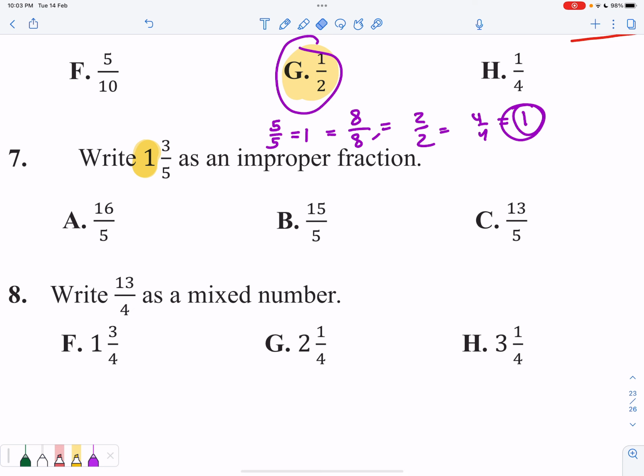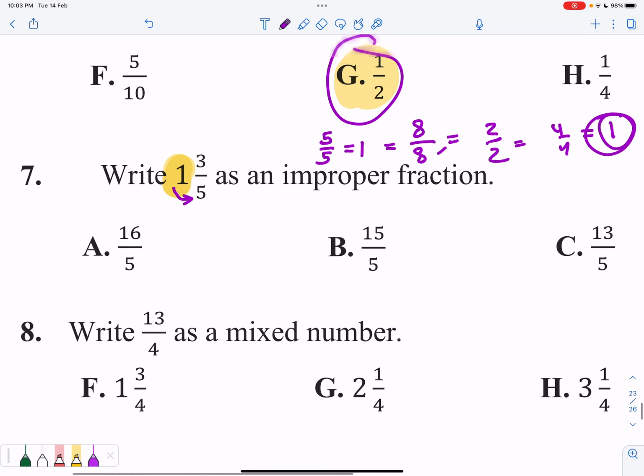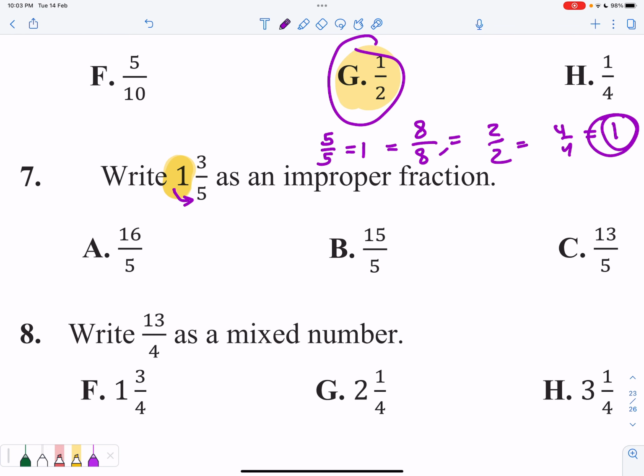So here I have the whole number 1. I want to write it as a fraction that looks like this denominator, okay? So instead of 1, I will say that this one is equal to 5 over 5. I can say that, right? Yes, you can say that, because when you have up and down the same number, that is equal to 1.